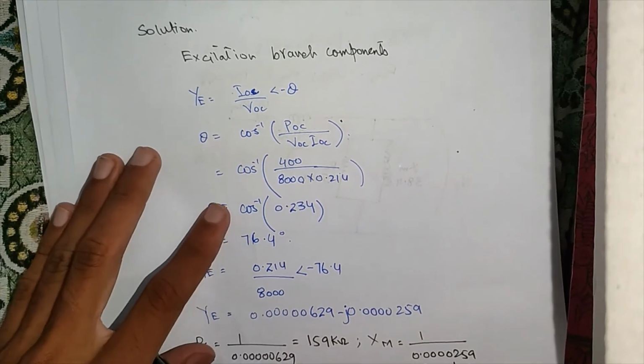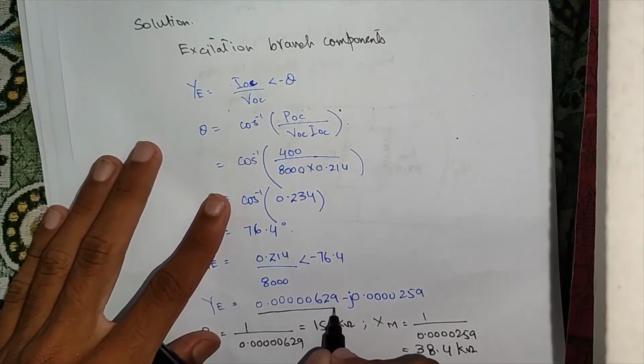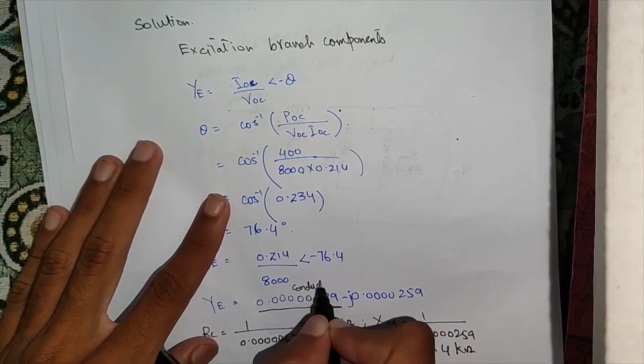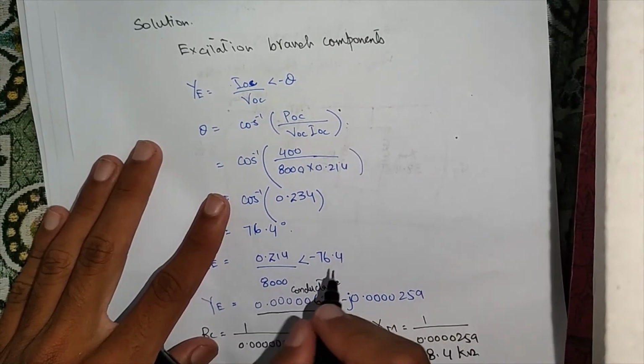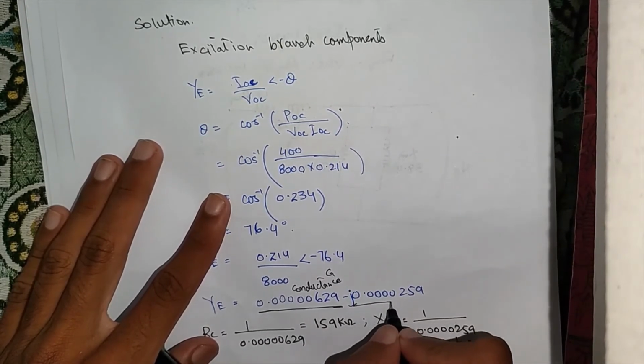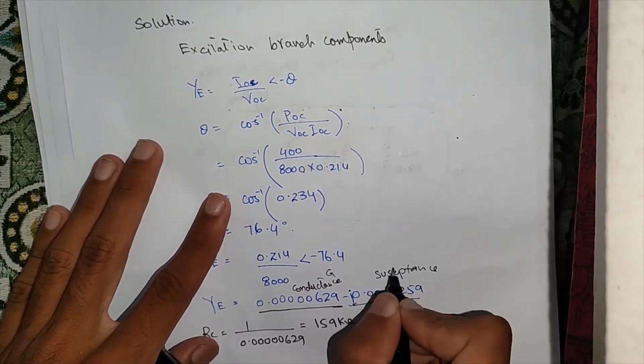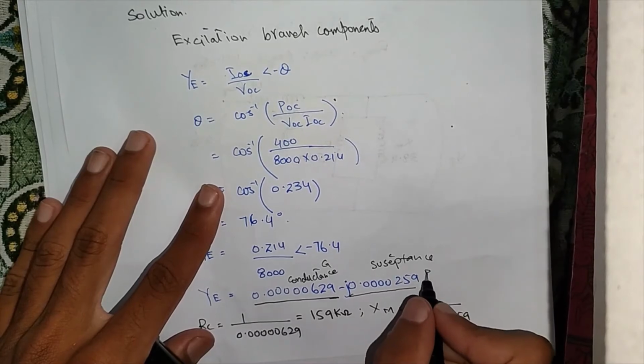This element is your conductance, or G, and this element is your susceptance, or I can write as B.